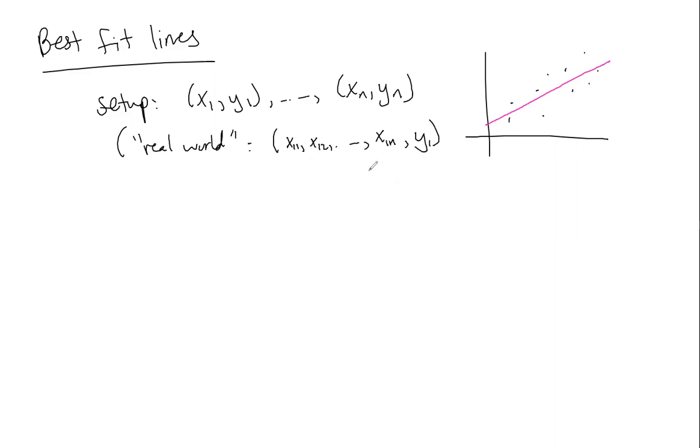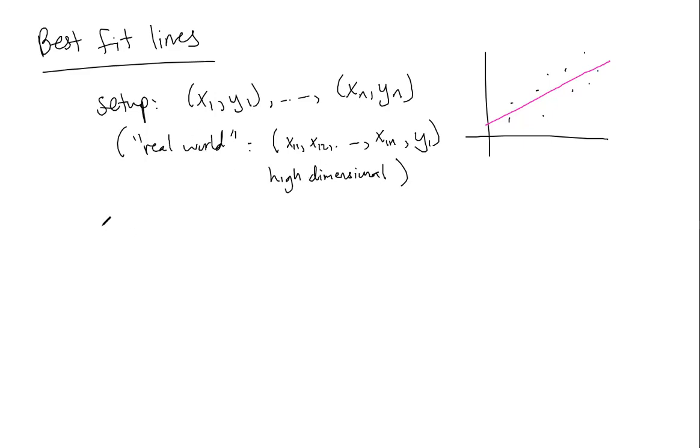So it's really high dimensional data because you have a lot of factors you're maybe considering. That's harder to visualize, even though the theory is still the same. So we're going to do two-dimensional data points. So how do we find the best fit line?